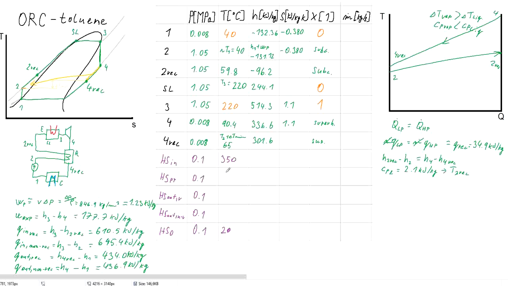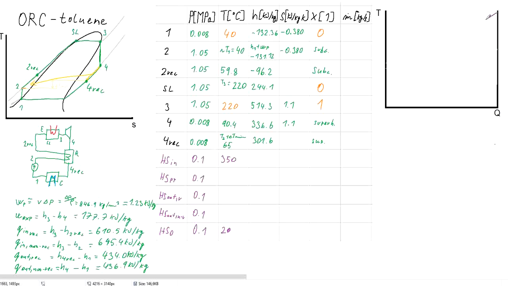Now the pinch point will be the same for both the recuperated and non-recuperated cycle, because if we have a look at the QT diagram, we have the heat source cooling down, then we have the working fluid evaporating at a certain temperature, and let's say that at first we will have the non-recuperated case.